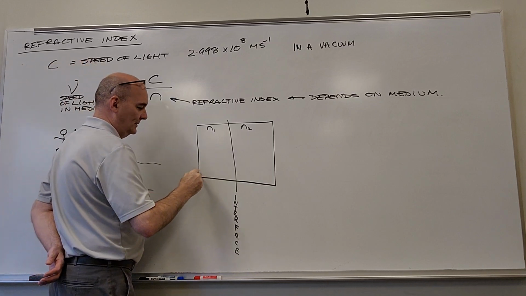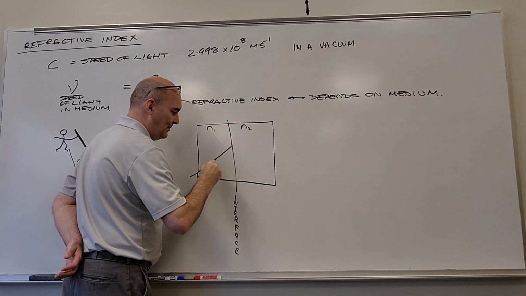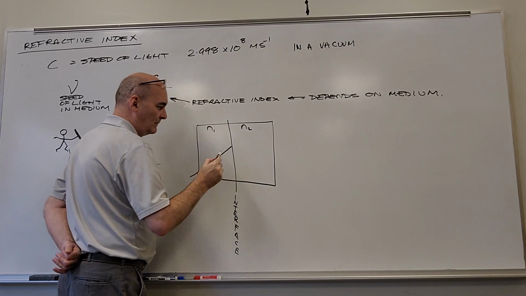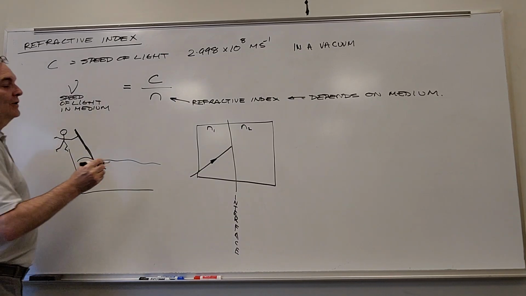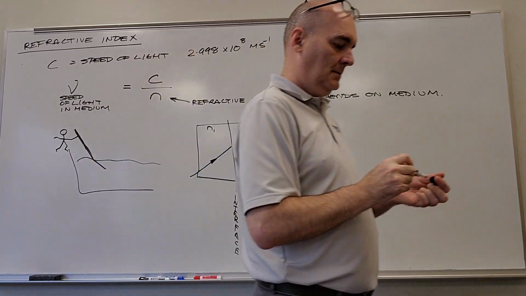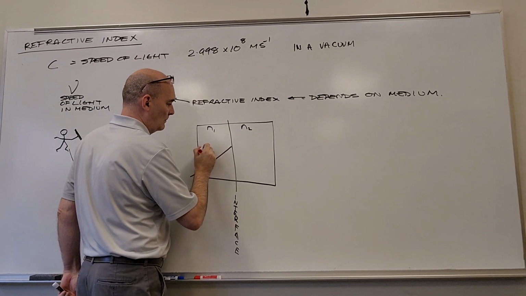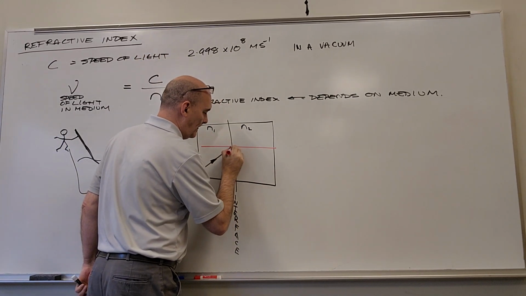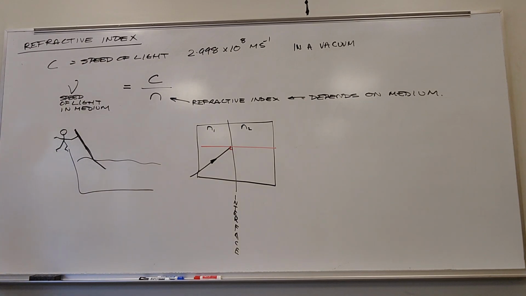The light travels and impinges at the interface at a particular angle. We measure that angle by inventing an imaginary line that is perpendicular to the interface.